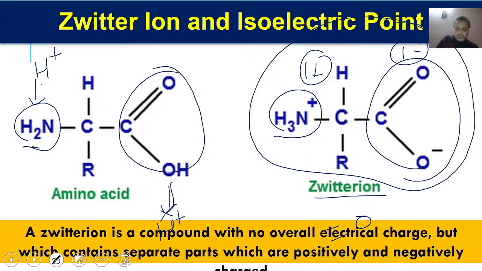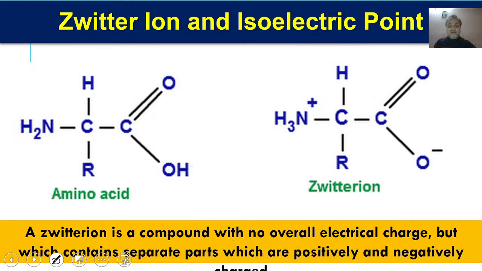Correct? So a Zwitterion is a compound with no overall electrical charge, but it contains both positive and negative charges, at different locations, and overall it is 0. Amino acid does not form a Zwitterion at every pH.